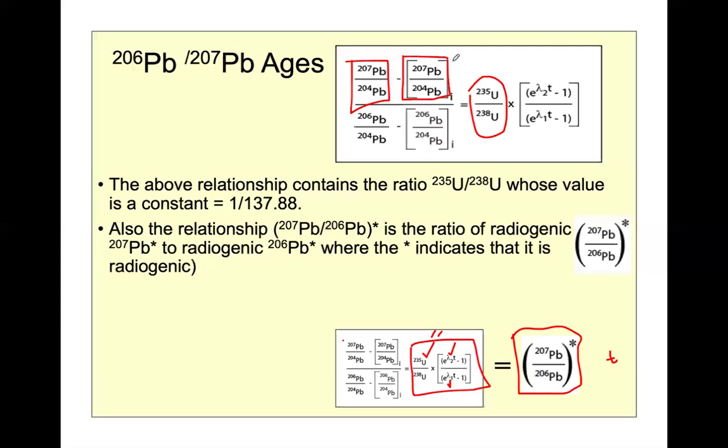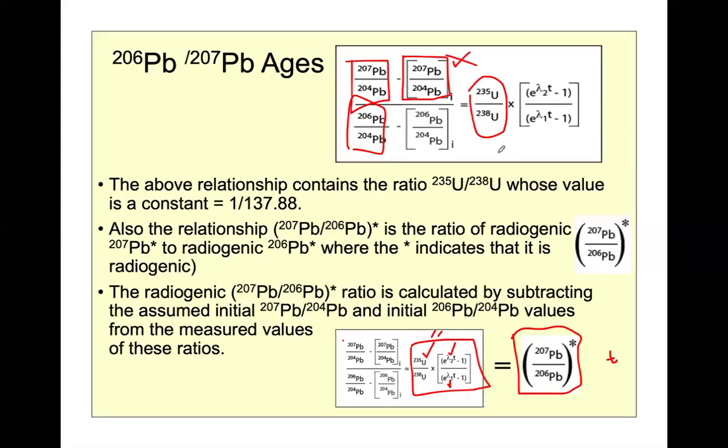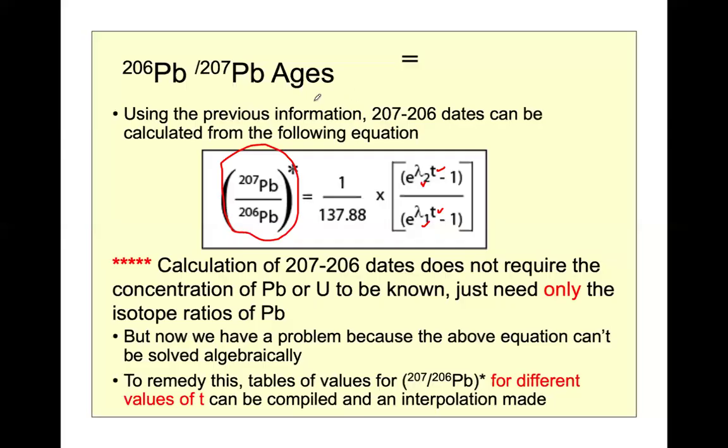So these are the ratios that are directly measurable, right? Sorry, this is the initial one that we have to calculate, not this one, but the present day values we can measure, right? 206 over 204 or 207 over 204, right? These are measurable. But now, since we have eliminated some of the terms there and also converted this equation into another form, we are left with 207 lead divided by 206 lead. This is not directly measurable from the machine.